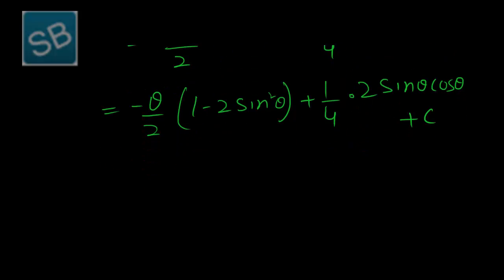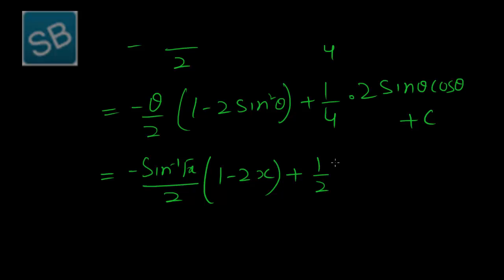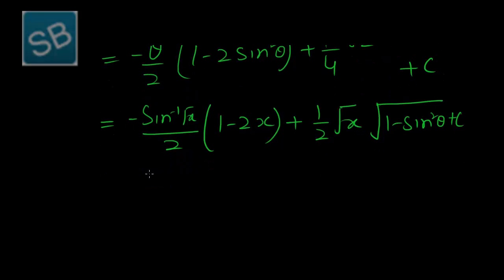So we convert all the values. Theta is sin inverse under root x, with minus over 2, 1 minus 2 sin square is x, plus 1 by 2, sin theta is under root x and cos theta is under root of 1 minus sin square theta, plus c.